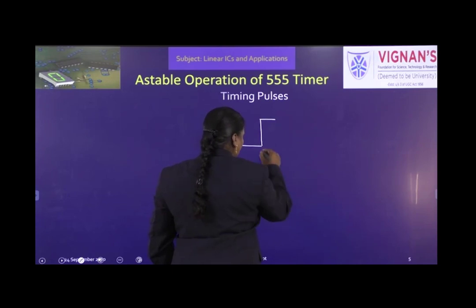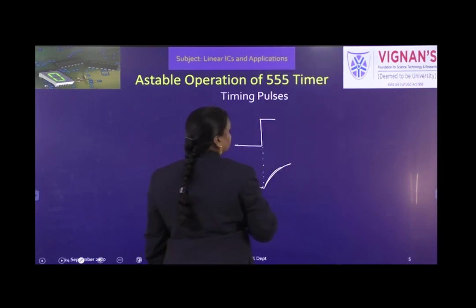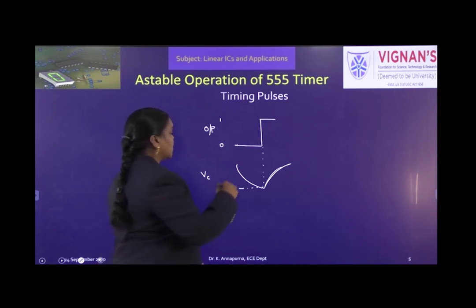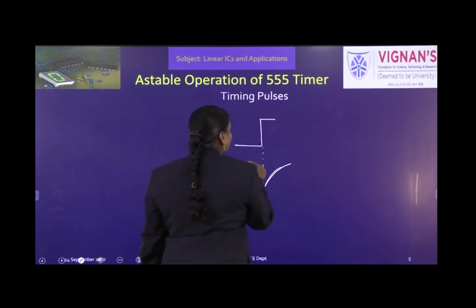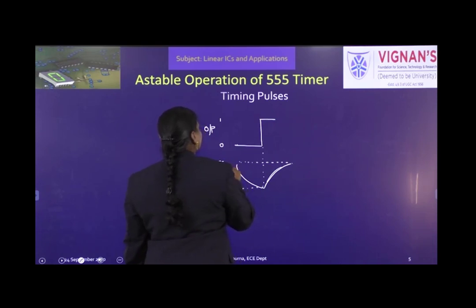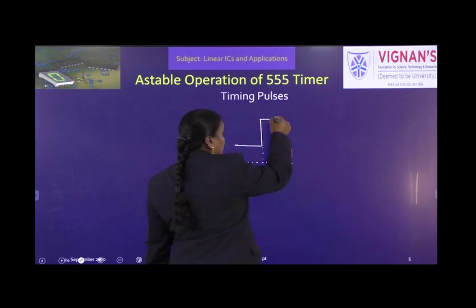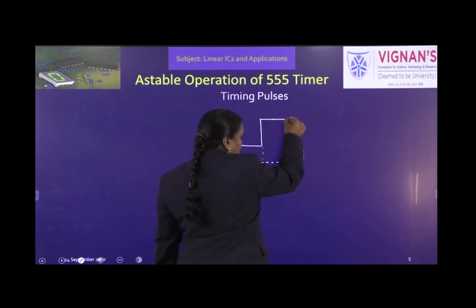When the output is in on condition, the capacitor is charging, up to 2/3 VCC. Just exceeds means you can take it as 2/3 VCC.